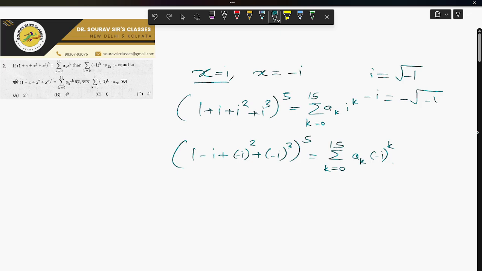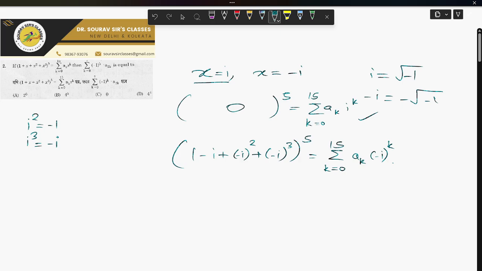Now we are going to simplify the first thing. We know that i² is equal to minus 1, and so i³ will be minus i. So just put it here. Then we get 1 + i - 1 - i, so the total will be 0. So we are getting 0 to the power 5 is equal to this.